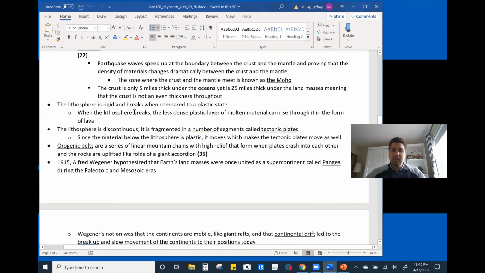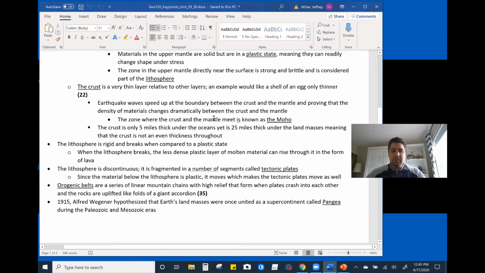We discussed the crust and the lithosphere in pretty good detail, and broke it down into tectonic plates, understanding that these tectonic plates move like rafts. At one point in time there was a place called Pangea where all the continents were completely together all at once.